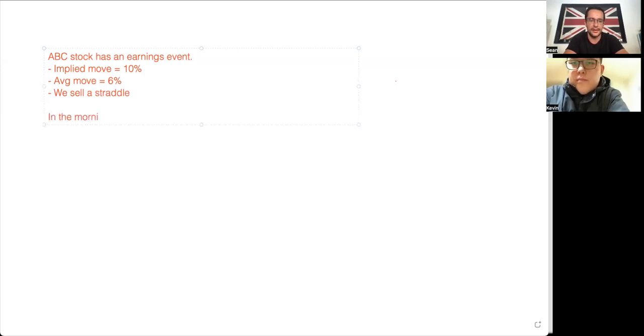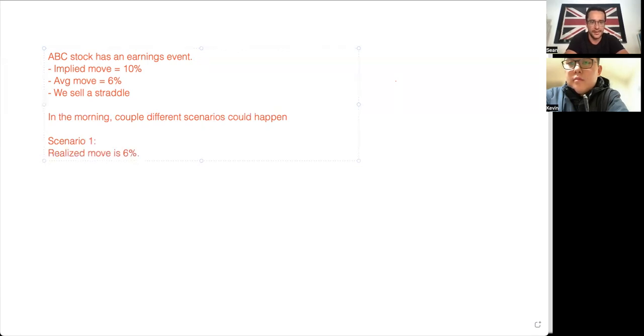In the morning, a couple different scenarios could happen. Scenario one, stock opens, or we'll just say realized move is 6%.